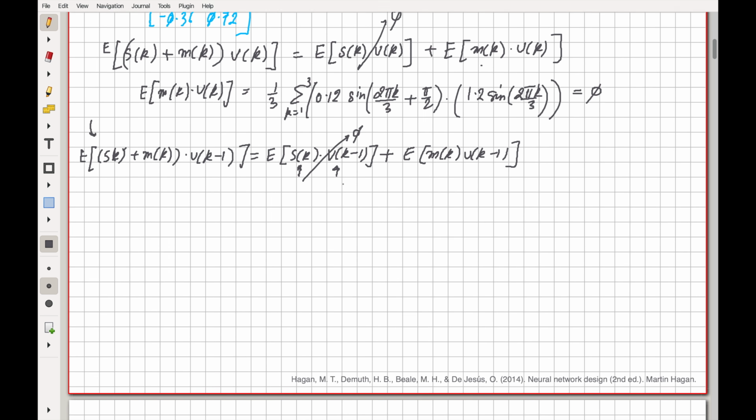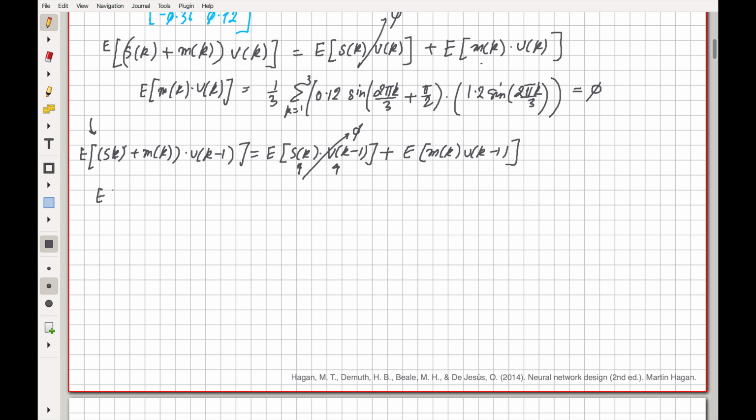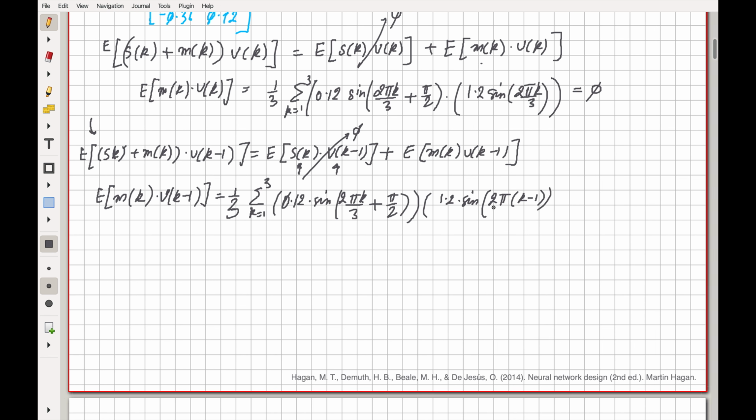Now the second term is not 0 this time. If we look at just the expected value of mk vk minus 1, that is equal to 1/3 sigma k equals 1 to 3 of 0.12 sine(2 pi k by 3 plus pi by 2), and the second part is 1.2 into sine(2 pi (k minus 1) by 3).